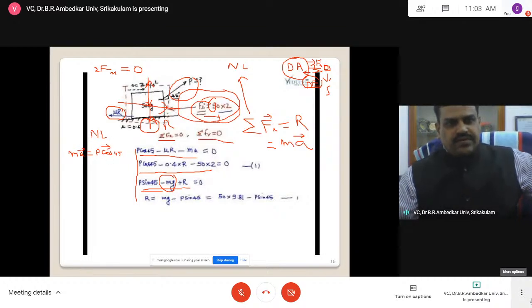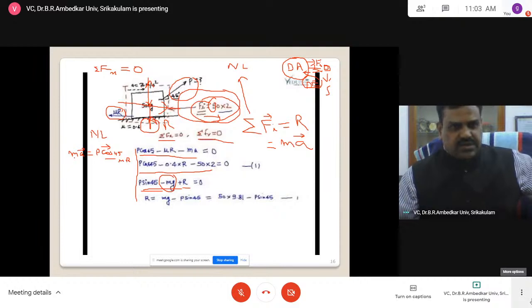Then this is opposite, minus mu R. So now both of these are basically the same. If you move this to the left hand side or this to the right hand side, this equation will be satisfied.